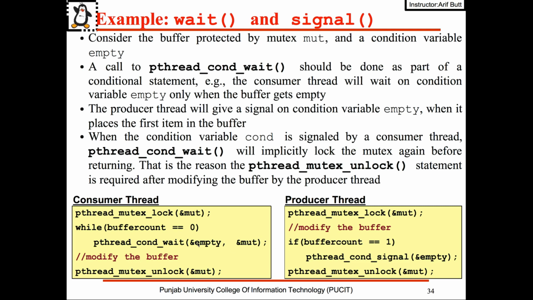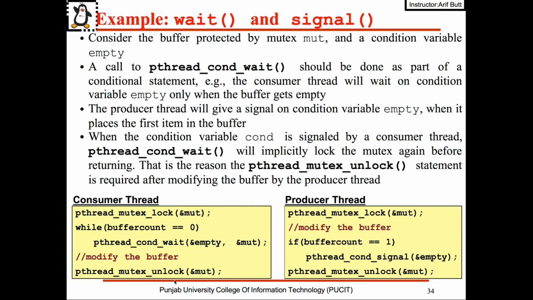This signal will come over here. The producer thread will exit by calling unlock. This consumer thread will now become active. It will modify the buffer, that is consume the item, and finally it will unlock and get out.